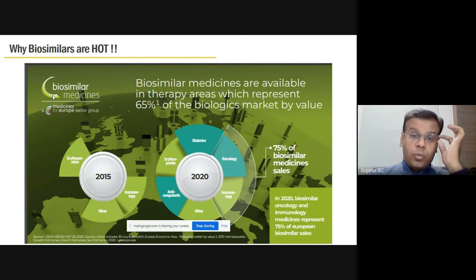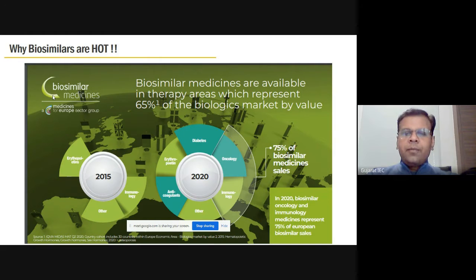And just adding to why they are hot, a few years down the line, we just had biosimilars like erythropoietin or GCSF, immunology. Those were the indications which were targeted in the last 5 years.